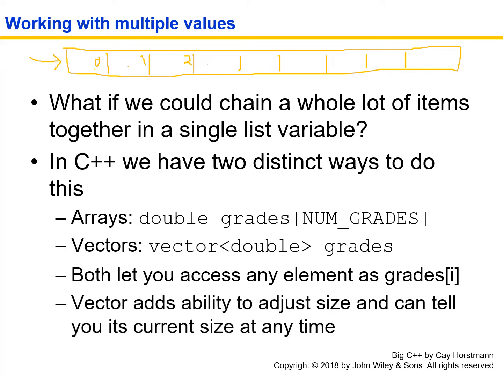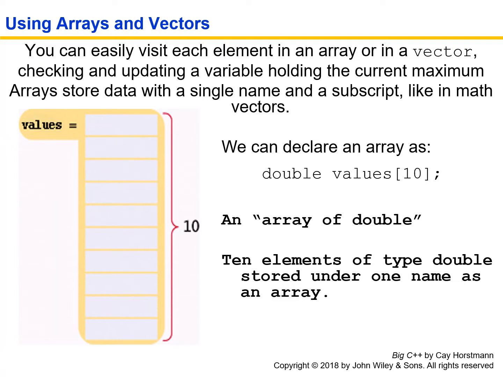The vector adds an ability to adjust its own size and can tell you how many items it's holding at any given time, which makes vector far more versatile for most purposes than the array. Again, we'll get to vector later. You can easily visit each element in an array or a vector. You can check the value, you can update the value. If we wanted to know the maximum, we would check this spot.